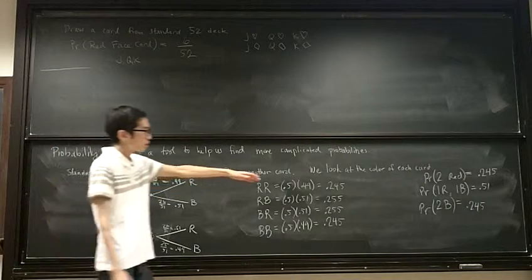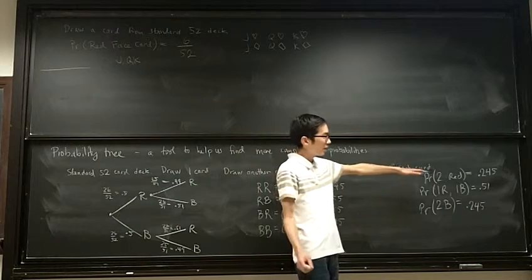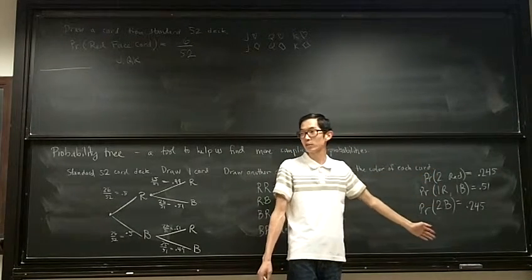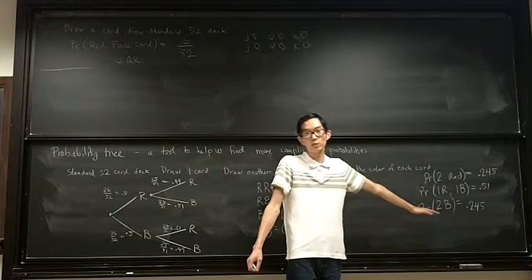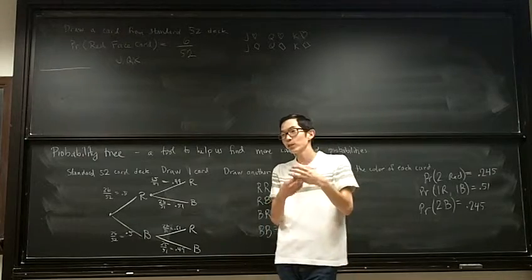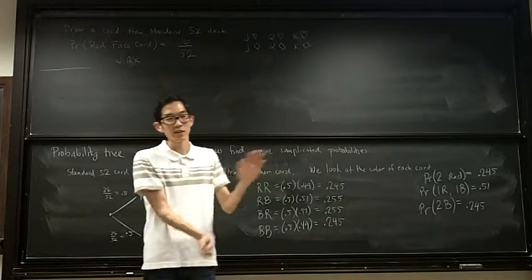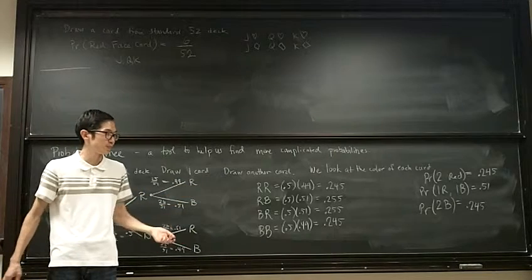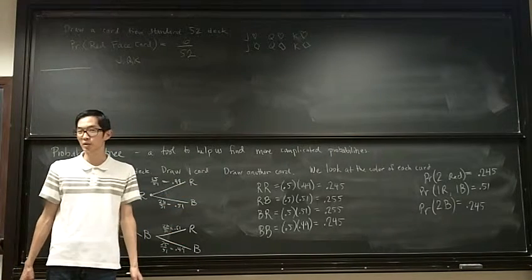It has to add up to 1 because these are all possible outcomes, okay? If I didn't list a certain outcome here, like if I left off this outcome, then it wouldn't add up to 1. But if I list off every single possible thing that could happen when you draw 2 cards, that's what has to happen.